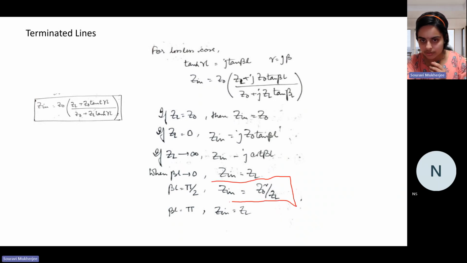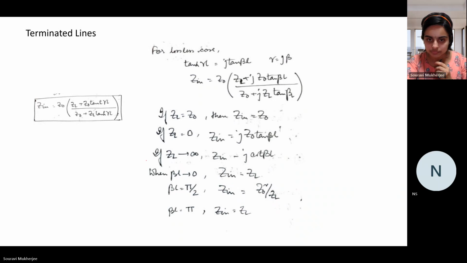This relation is very important. And this comes up when beta L is equal to pi by 2, that means when L is equal to lambda by 4. Lambda here is the wavelength of the signal that you have.